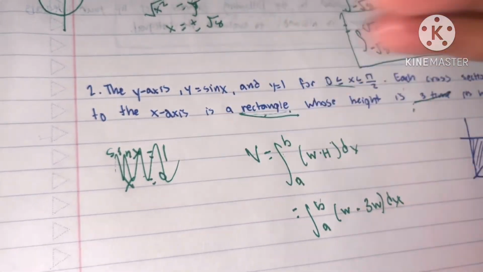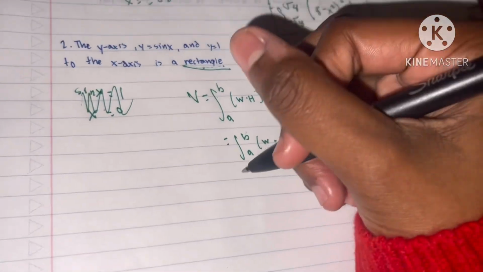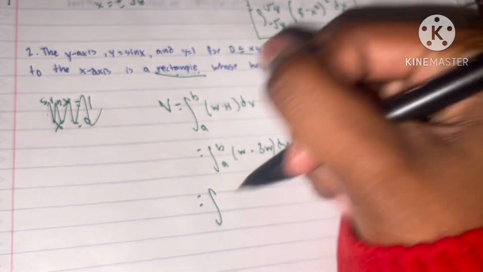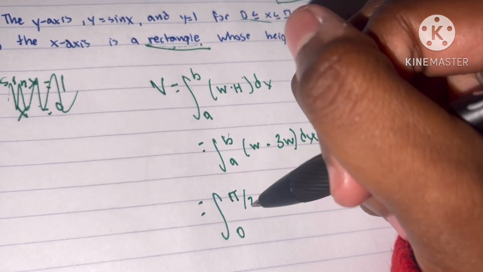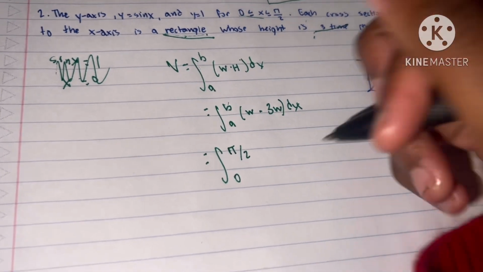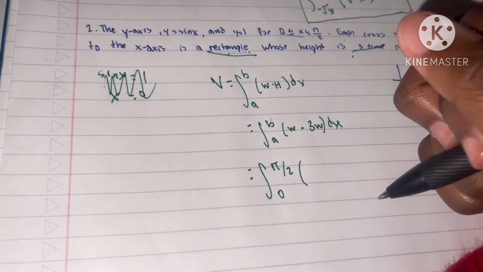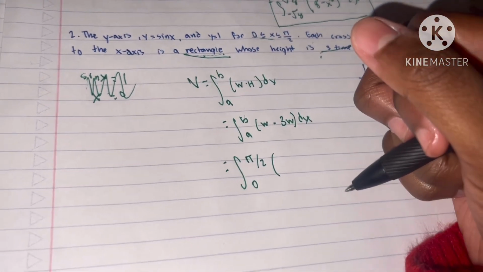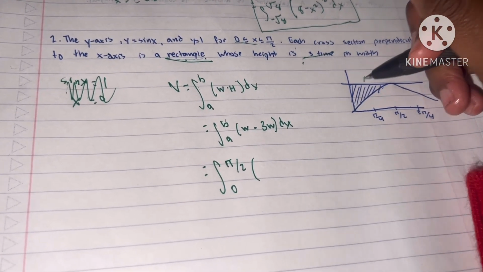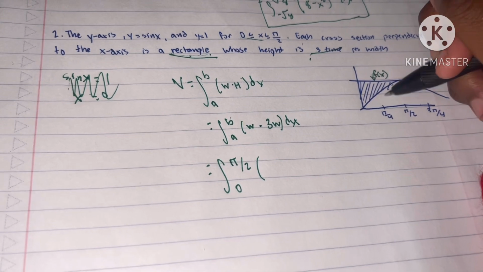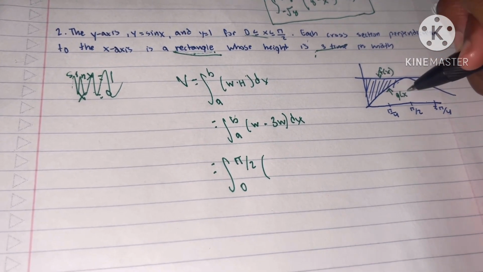Oh, so you don't have to solve for it, it gives it to you. Stupid me. This is why you read the problem carefully. So it'll be 0 to pi over 2, and your width will be, since the 1 is on top, that will be your f of x, and this is your g of x.